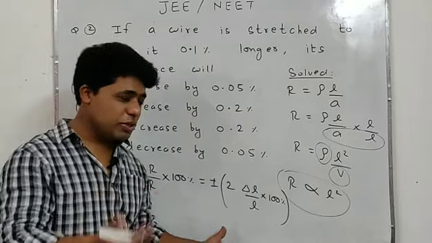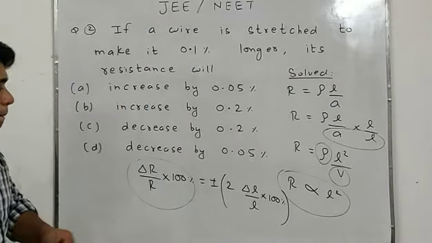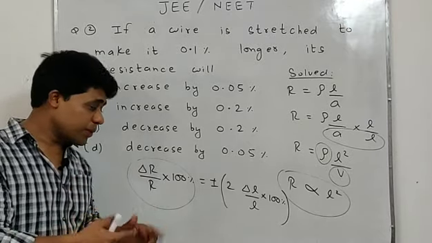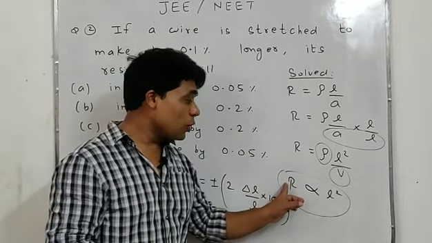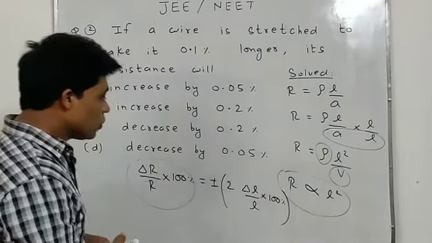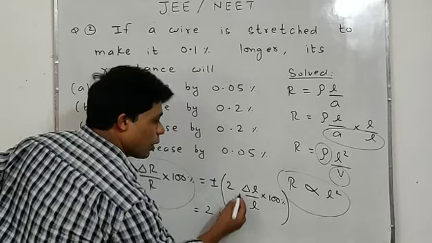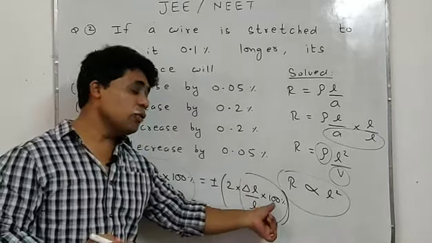Now, students, what is the meaning of this mathematical term? The meaning of this term is percentage change in R. R is directly proportional to L square. It means on increasing length, resistance will also increase. So look, students, the 2 stays as it is. And what is the meaning of this term, delta L by L into 100%?